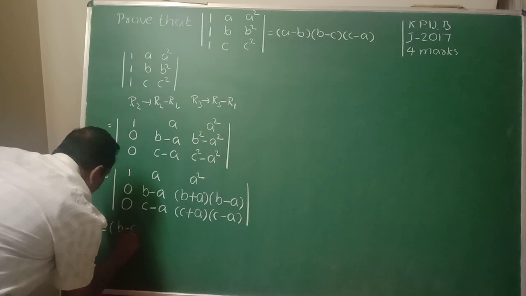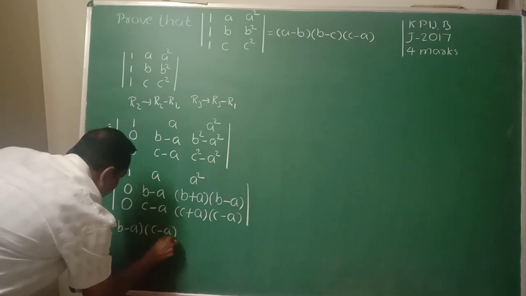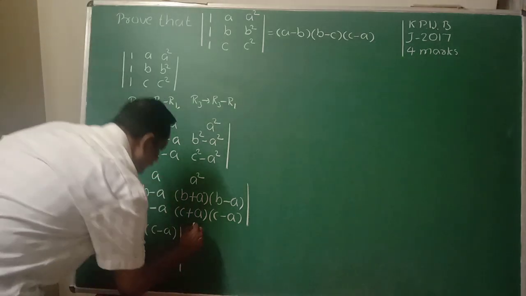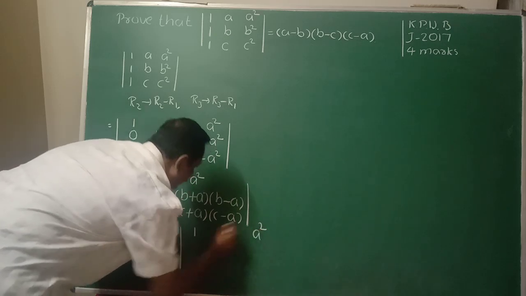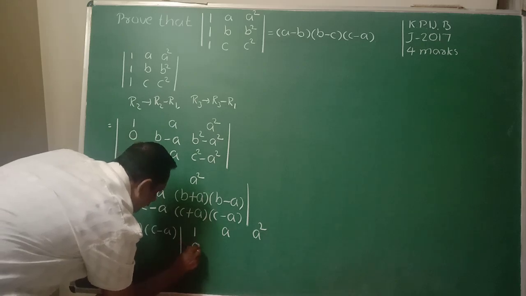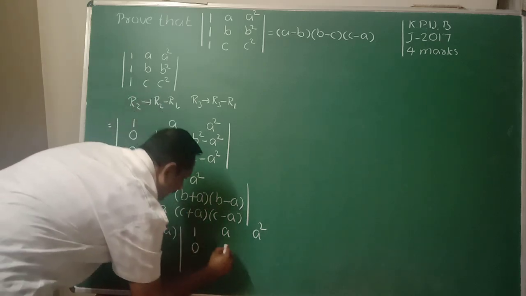Therefore, b minus a into c minus a into the determinant of: again first element write as it is, 1, a, a square. Here b minus a is the common factor, so remaining 0, 1 and b plus a.